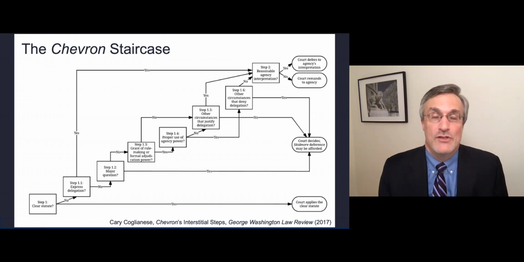We won't have time to go into all of these, but suffice it to say that the two-step framework that the court articulated in Chevron is more complicated in reality. It does require clearing some other hurdles, but it also provides a basis for deference at step two, and it may go some distance in addressing those who are concerned about Chevron deference and are critical of it.